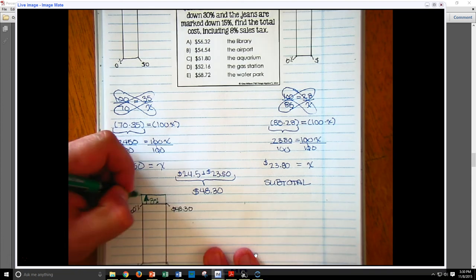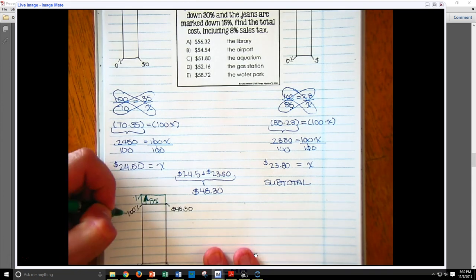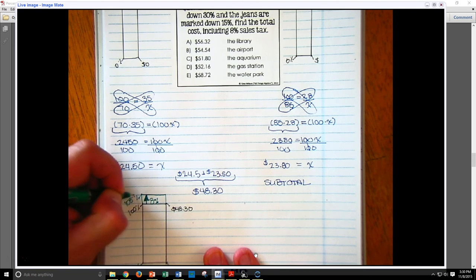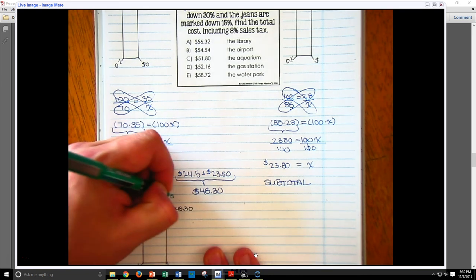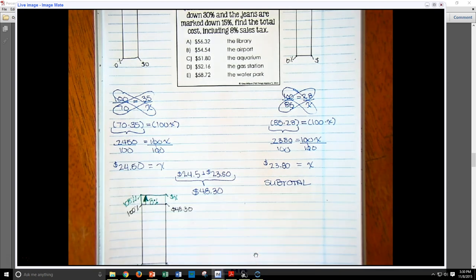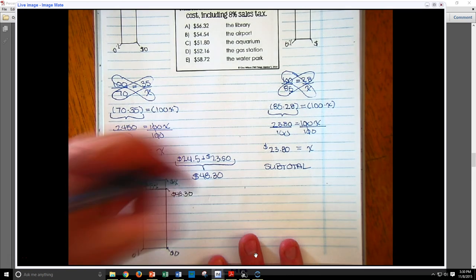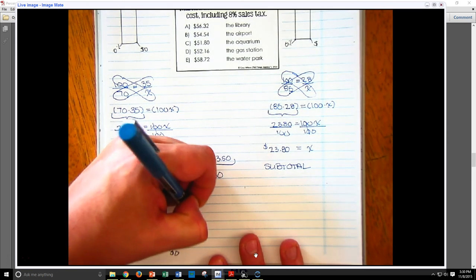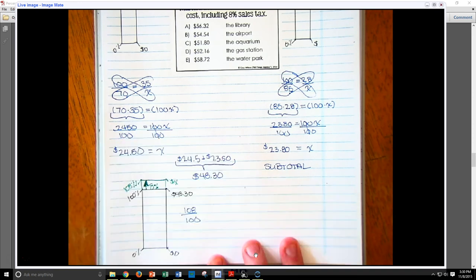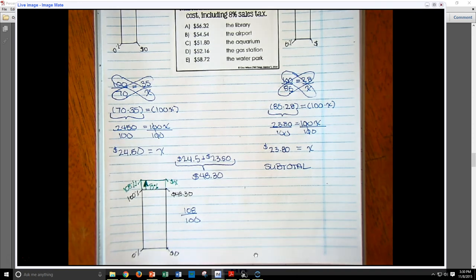That means we are now at not just 100, but 108, which is 108%. We don't, however, know how much that new total cost is going to be with tax added, but we can see our proportions already being set up. So let's go ahead and get right to it. 108 over 100 equals x over 48.30.